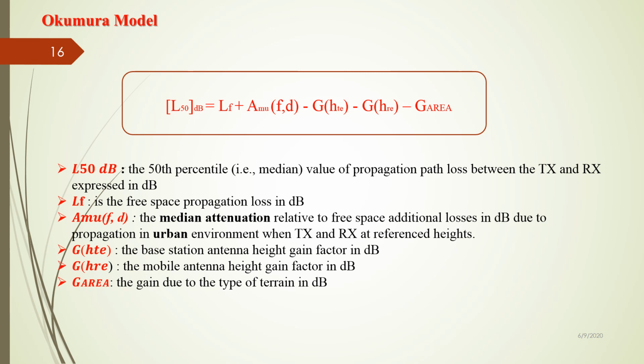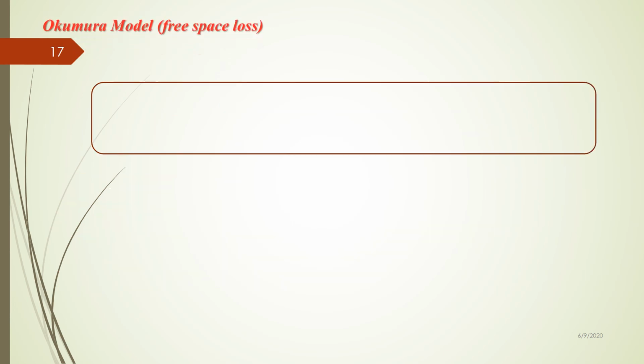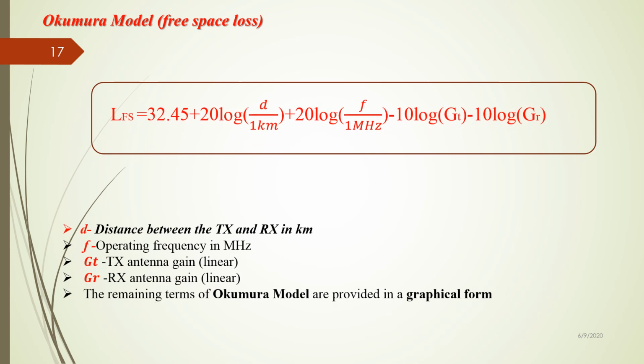This is a function of the frequency and the distance, and the GHTE, that is the base station antenna height gain factor, GHRE, that is the mobile antenna height gain factor, and the GAREA is the gain due to the type of the terrain in dB. And the free space loss in the Okumura model can be given by this formula.